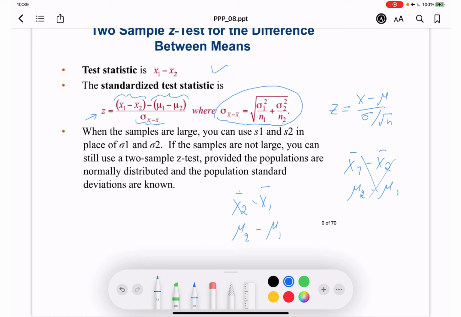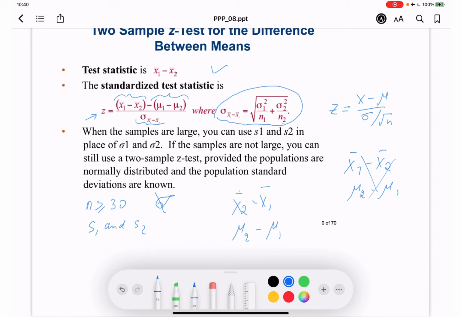So when the samples are large, you can use S1 and S2 in place of sigma 1 and sigma 2. What does it mean? When a sample size is given, and we know it's greater than or equal to 30, but sigma is not given, then we can replace sigma with S1 and S2. Are we clear?